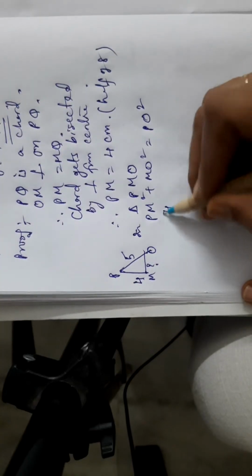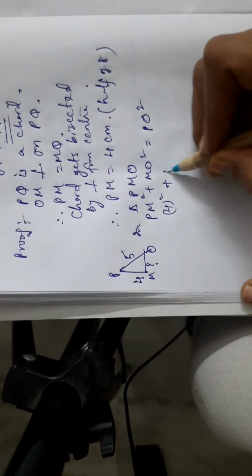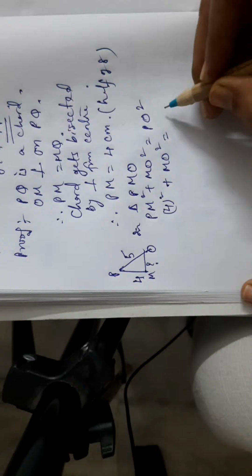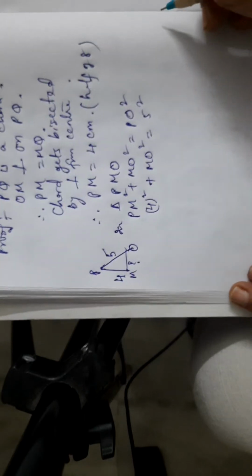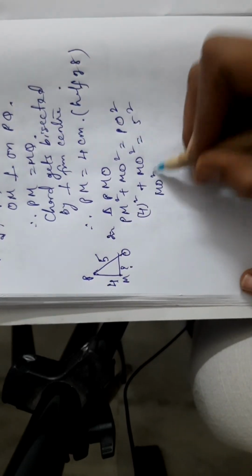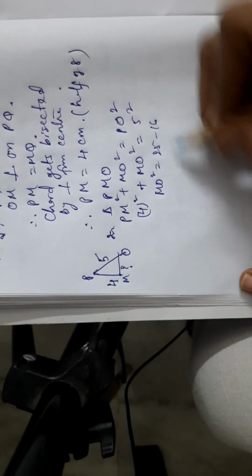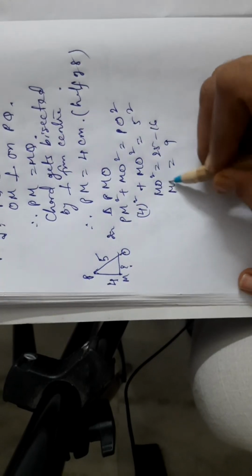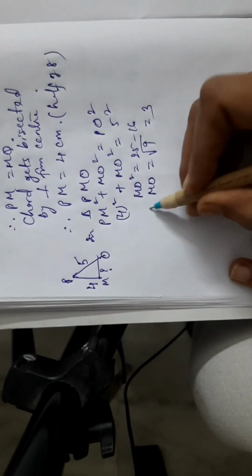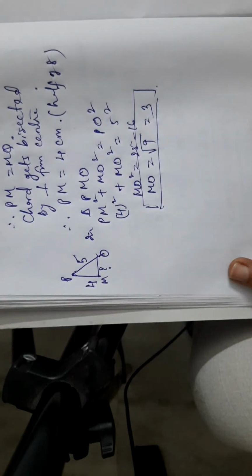PM is 4, MO we need to find. PO is 5. Now MO square is 25 minus 16. It's 9. So MO is 3. This we got as one of the values.